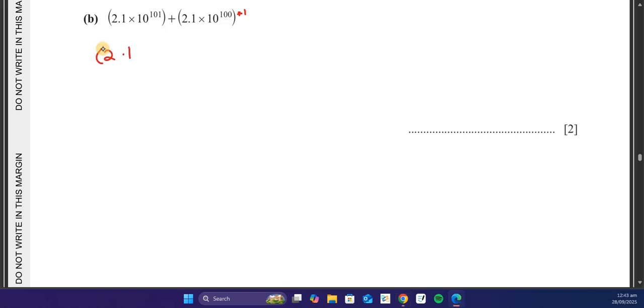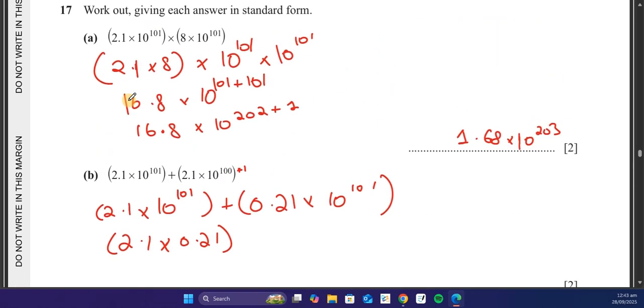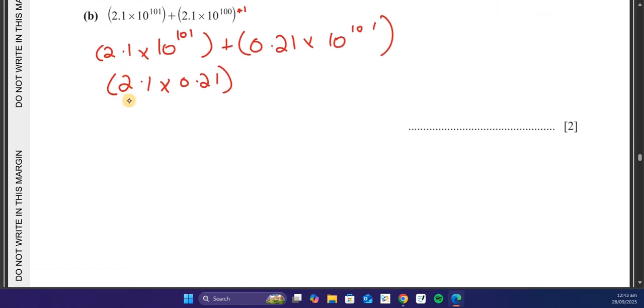So we would say 2.1 into 10 to the power of 101 plus 0.21 into 10 to the power of 101. Now we could just take out the common 10 to the power of 101, because the powers are the same. That should give us 2.31 into 10 to the power of 101.